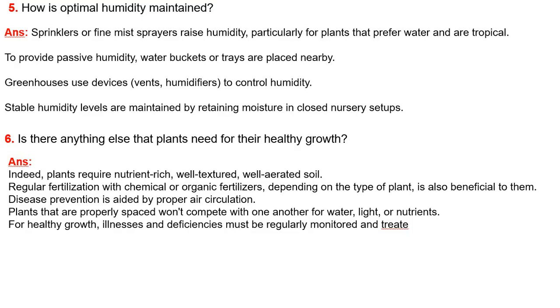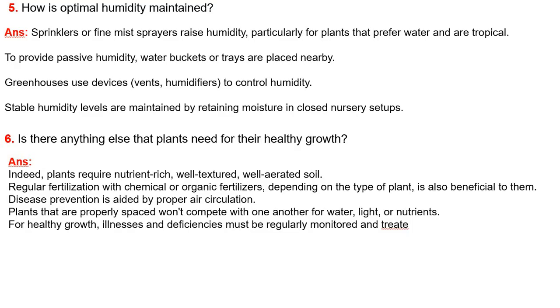Is there anything else that plants need for their healthy growth? Indeed, plants require nutrient-rich, well-textured, well-aerated soil. Regular fertilization with chemical or organic fertilizers, depending on the type of plant, is also beneficial to them.